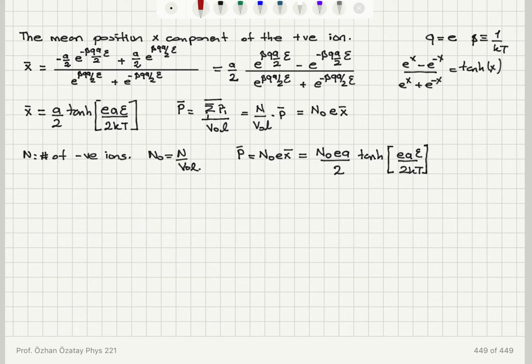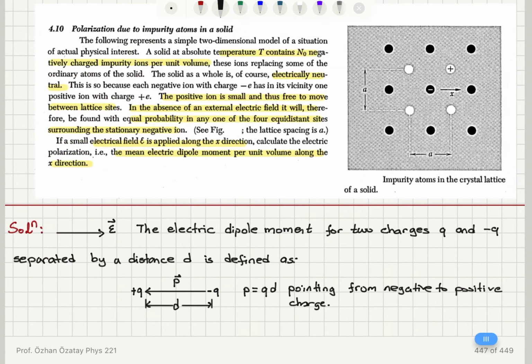So this will be the final answer for electric dipole moment per unit volume mean value, which is what we call polarization.